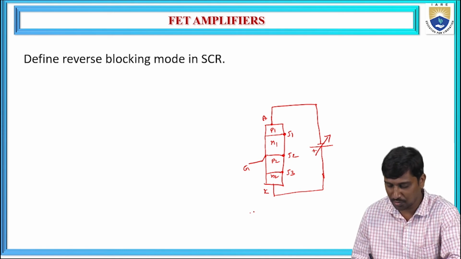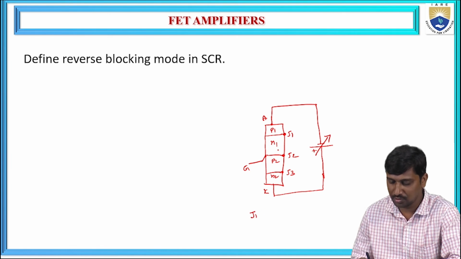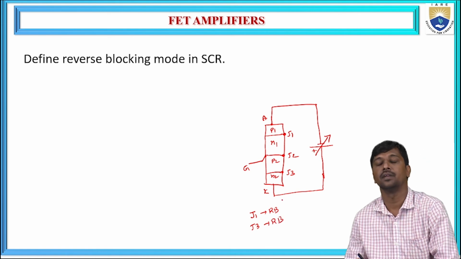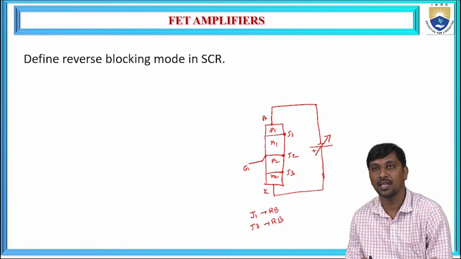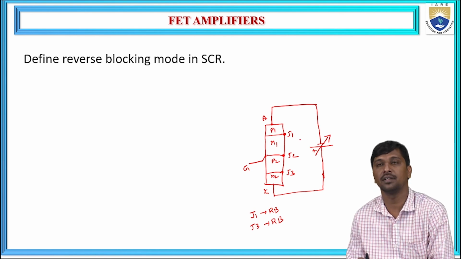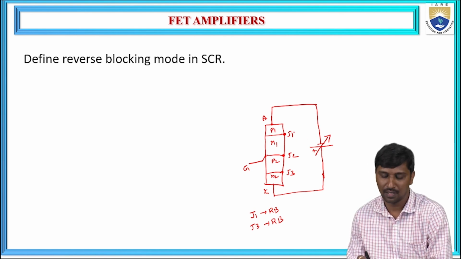J1 becomes reverse biased, and J3 also becomes reverse biased. Why? Because the anode, the P type, is connected to the negative pole, so it acts as a reverse bias.